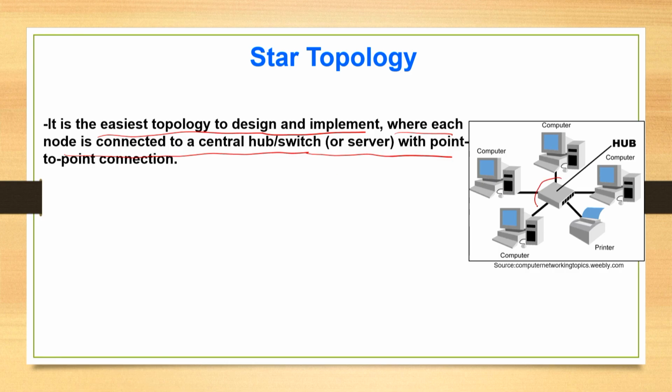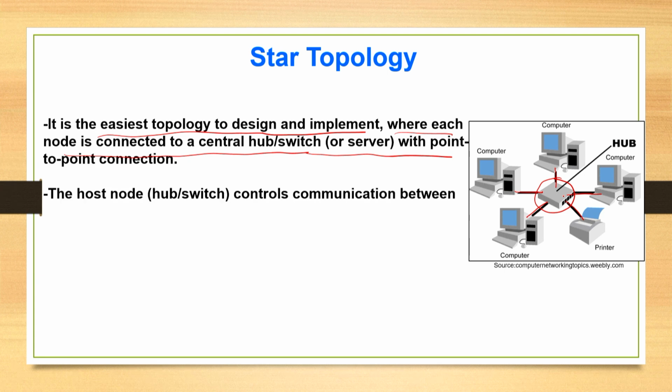Yes, in this diagram this is the hub and each of these computers is connected to it through point to point connections. The host node, which is either hub or switch, controls the communication between other nodes, because if this computer wants to communicate with this printer, then it will be through this hub.